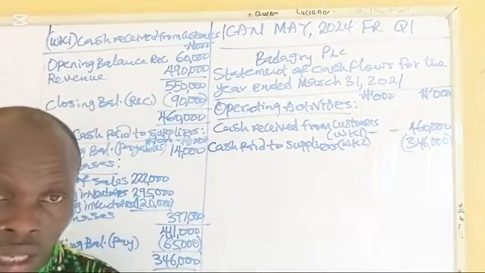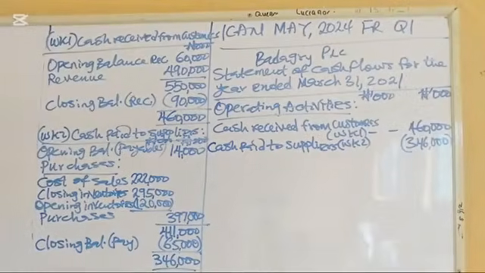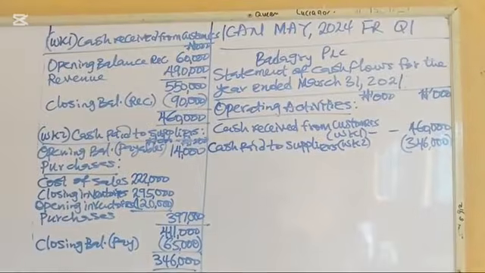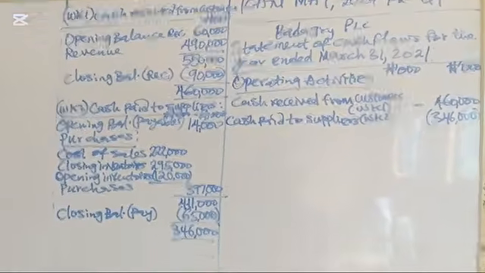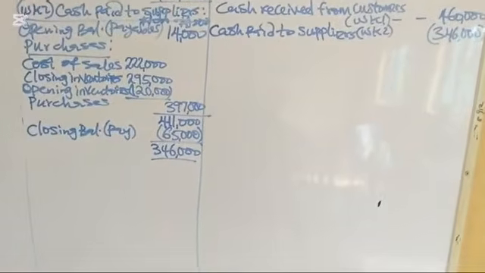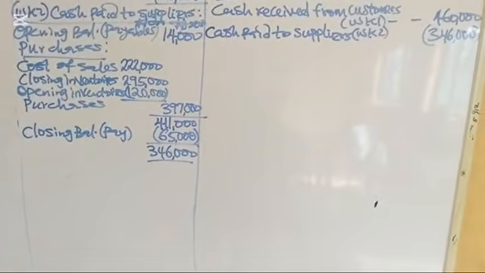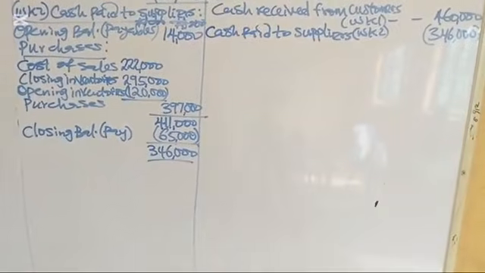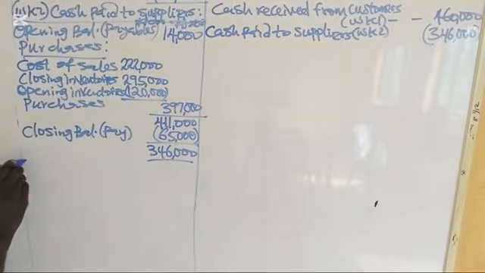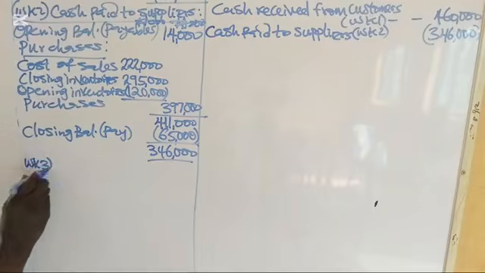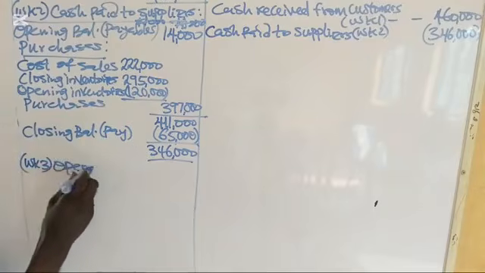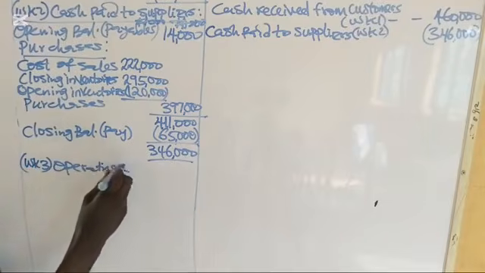Then, after that, the next item should be what? Operating cash expense. So, working number 3, operating expense.